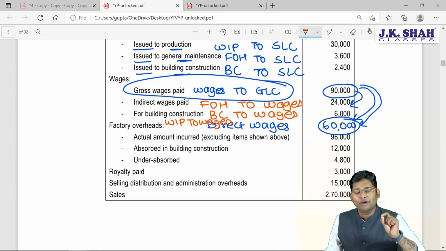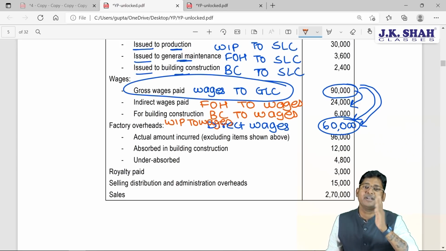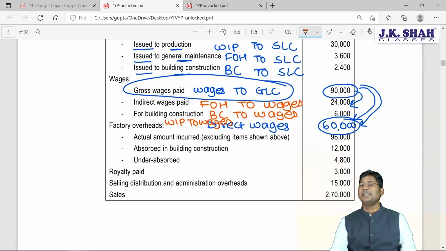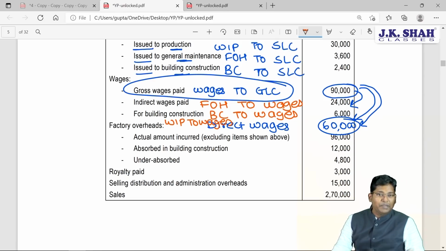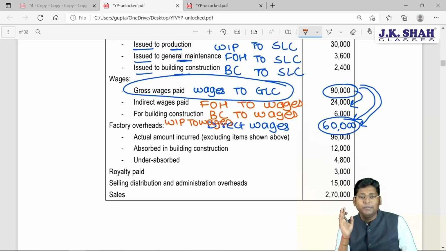Please check all the effects of these entries in your suggested answer. First effect, FOH account debit, that is factory overhead ledger control account debit, will contain to wages. Building construction debit side will contain to wages, WIP ledger control will contain to wages, and wage account will contain by FOH, by building construction, and by WIP on the credit side of wage account.